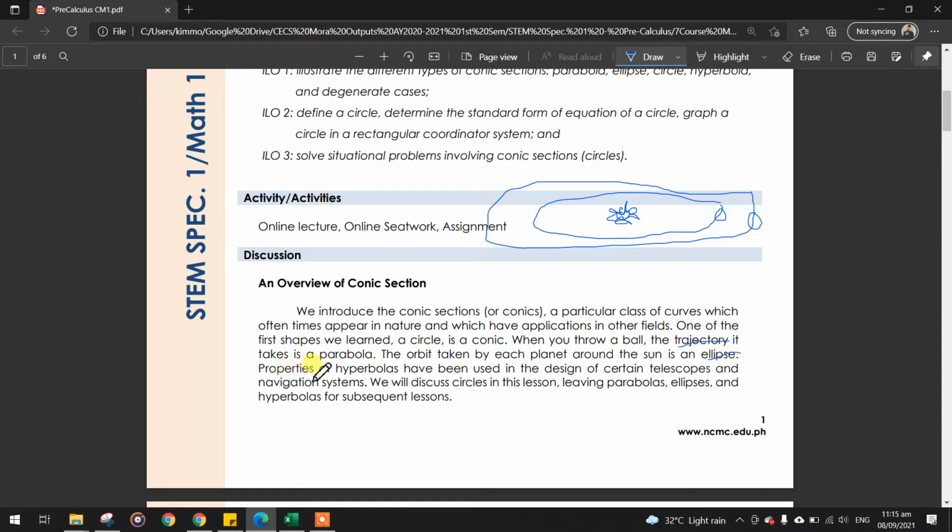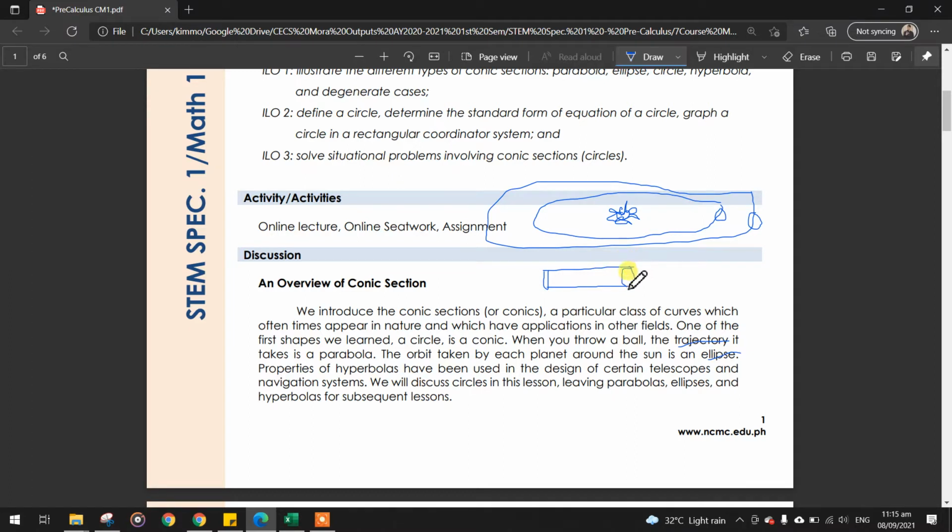The properties of hyperbolas have been used in the design of certain telescopes. If you have seen the lens of a telescope, it is concave and convex.